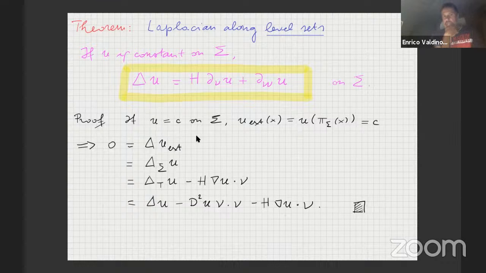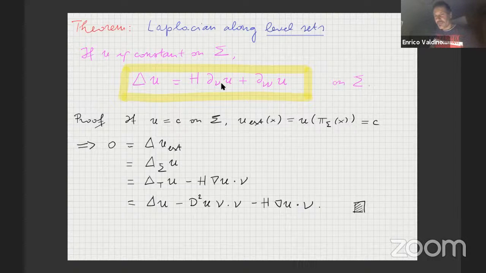And I think we finished this discussion on the Laplace-Beltrami operator by writing the Laplacian along level sets. We discovered that the Laplacian on a level set is just the second derivative in the external normal direction, plus the mean curvature of the set times the normal derivative of u. This is a formula that is kind of important, used very frequently when you have to analyze the behavior of a function with respect to its level sets.